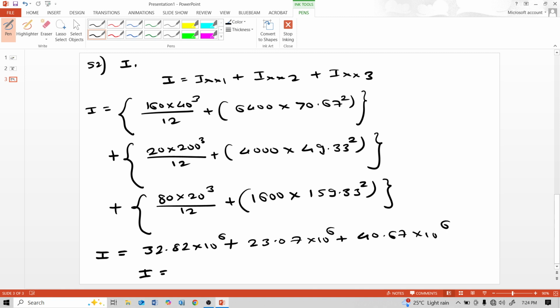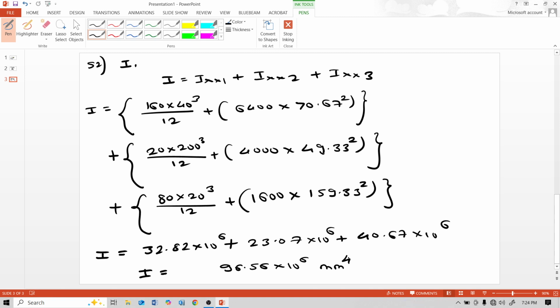Therefore, the moment of inertia for that I section is 32.82 plus 23.07 plus 40.67, which is 96.56 into 10 raised to 6 mm raised to 4. This is the moment of inertia for that whole I section.